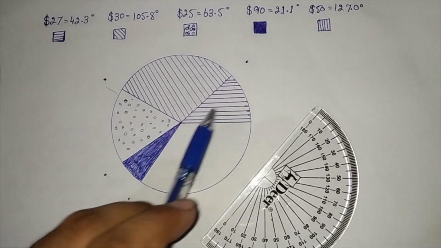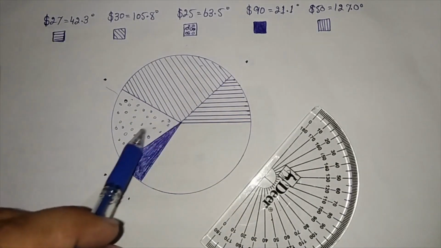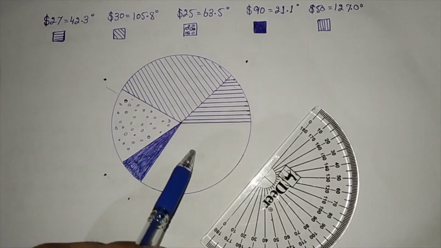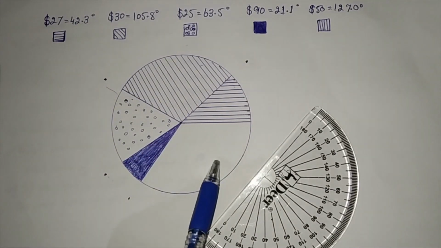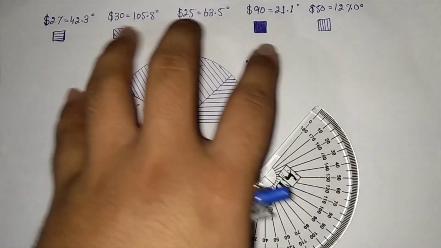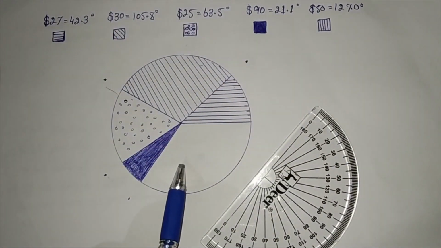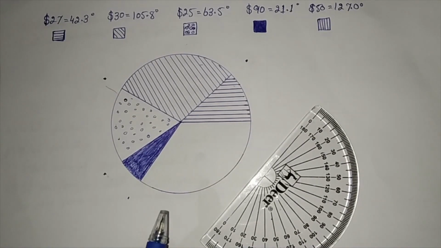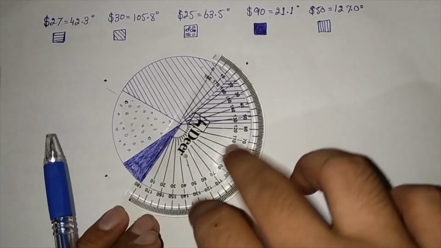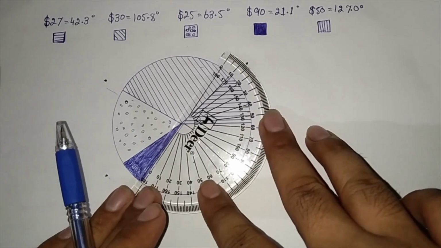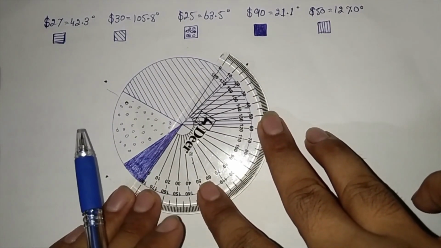Let's count: first slice, second slice, third slice, fourth slice, and this one is the 5th slice. If we make our 4 slices, the 5th slice, the last slice, will automatically be made here. You can measure it from here, that it will be equal to 127 degrees approximately.